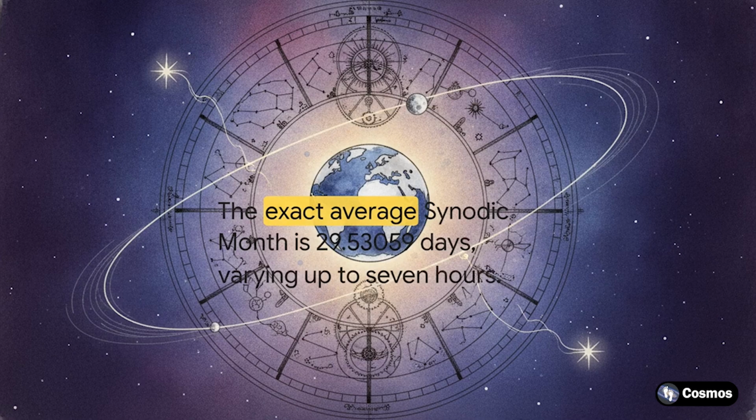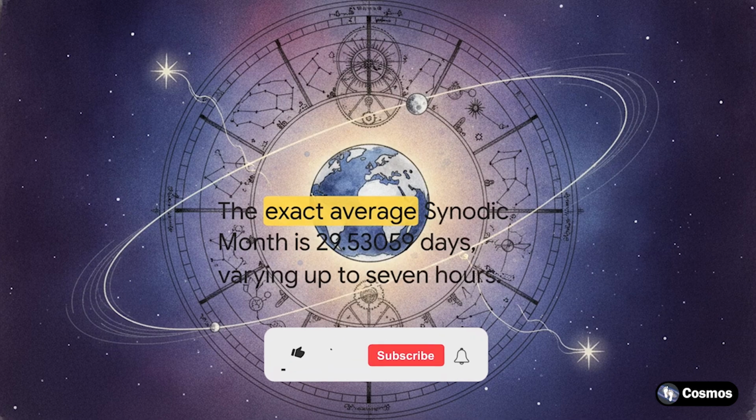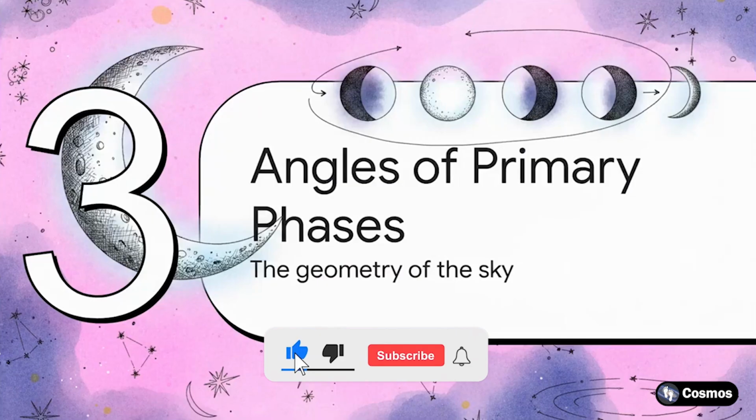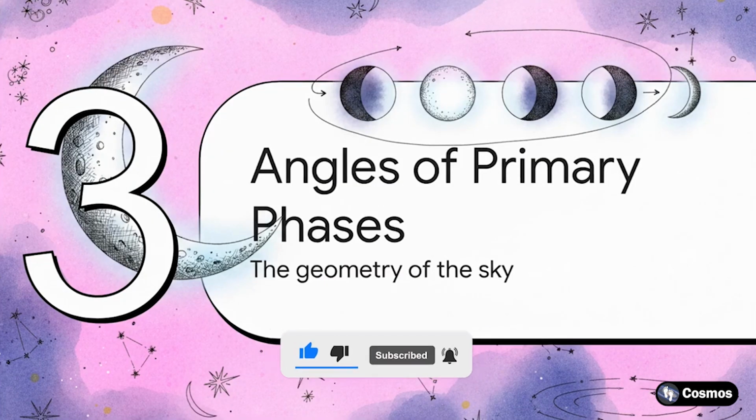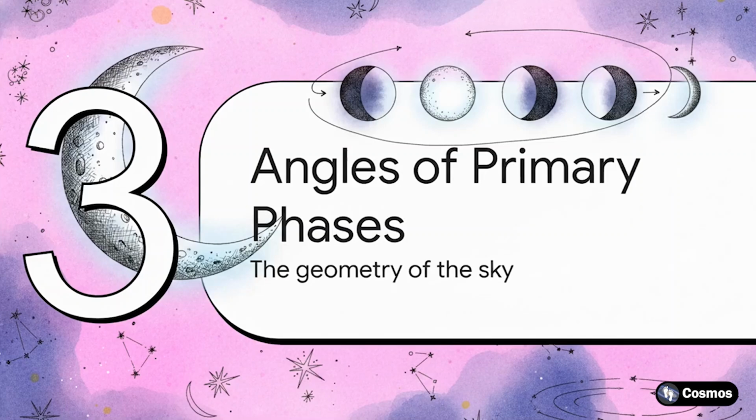Individual cycles can actually vary from this exact average by up to 7 hours. Because the moon's orbit isn't a perfect circle, it's elliptical. Plus you have this incredibly complex gravitational tug-of-war happening with the sun and other celestial bodies that's constantly slightly altering its speed.